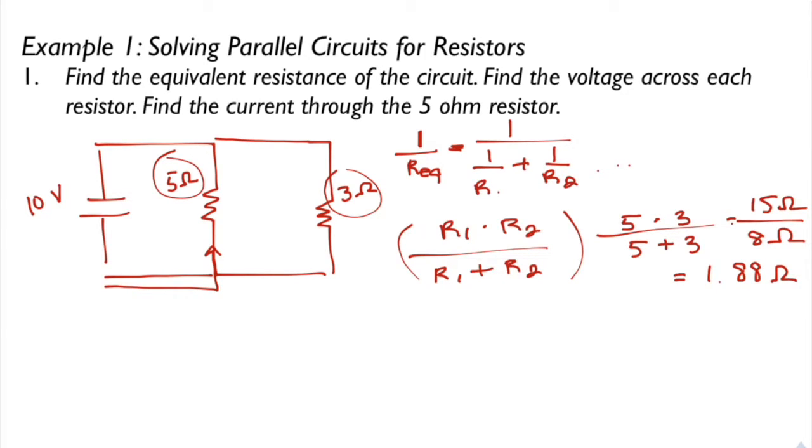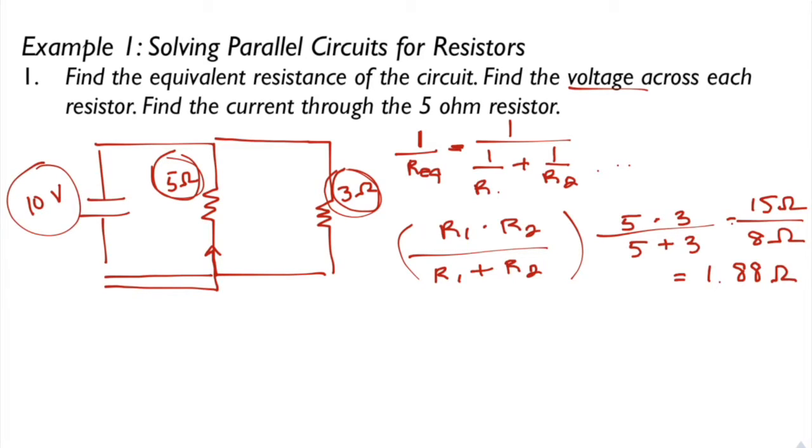So now that we have the equivalent resistance of the parallel circuit, we can find the current through the 5 ohm resistor. If we want to find the voltage across the resistor, it's as easy as looking at what the voltage is in parallel to. The overall voltage for this circuit is 10 volts, and because voltage remains the same between parallel circuits, I know that each of these resistors, the voltage running through there will be 10 volts.